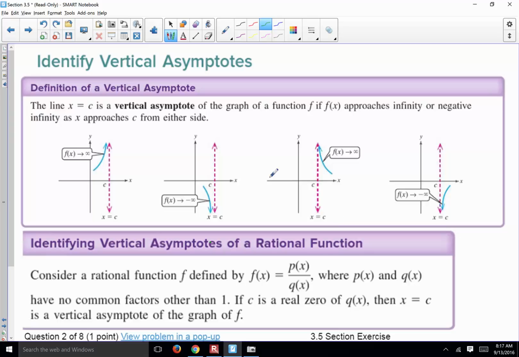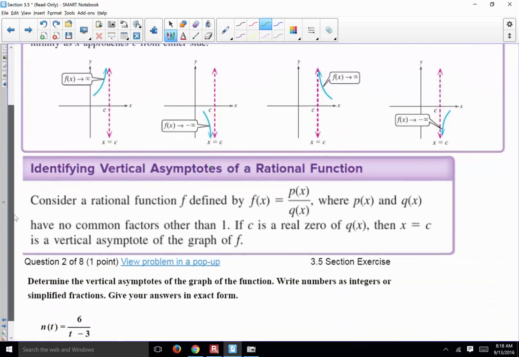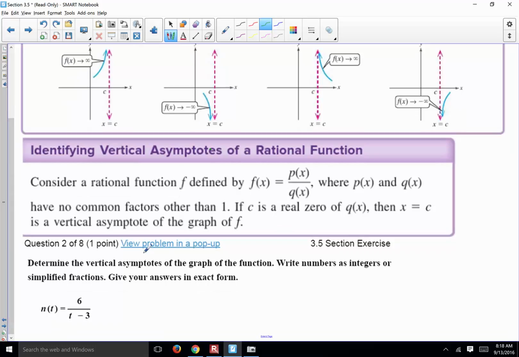All right, so there are 4 cases that can happen: going up from left, going down from left, going up from right, going down from right. It's just one case. Once you see one of them happening, one piece, then we call it vertical. You don't have to have both sides going to some infinities. All right, that's the picture.